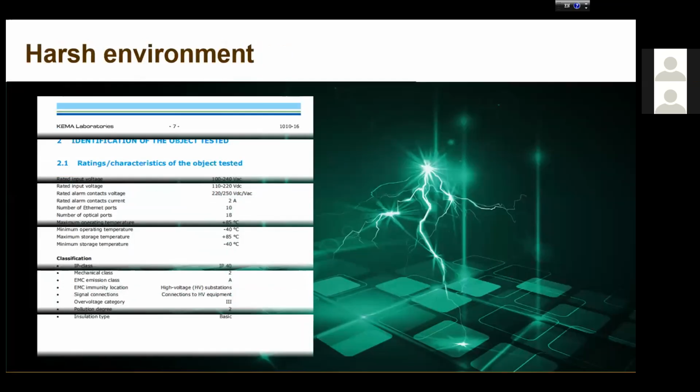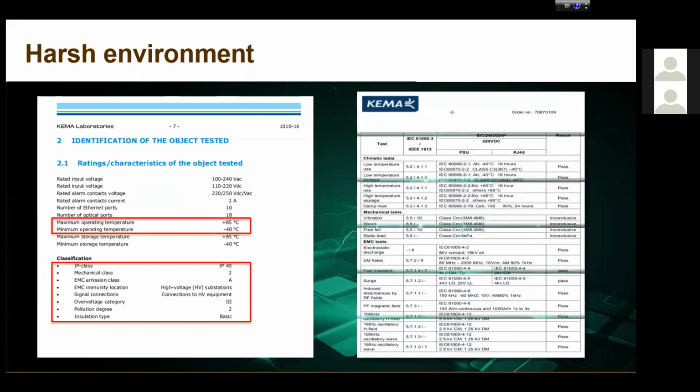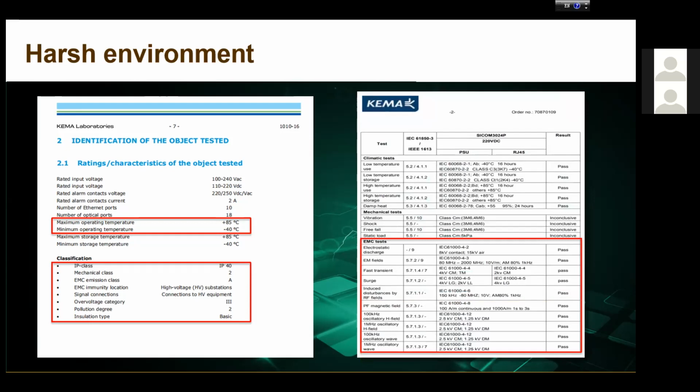And since many substations are high voltage substations, there are higher hardware requirements for the devices in the substations. You can see that here is a KYLAND certification report, and according to the test, the KYLAND switch can normally operate in a wide temperature range from -40 to 85, and also the switch is an IP40 protection design.